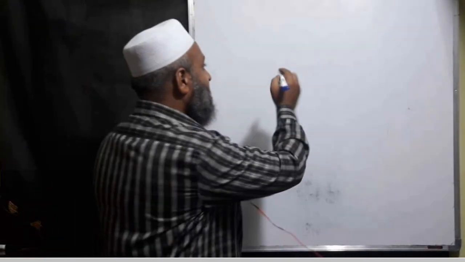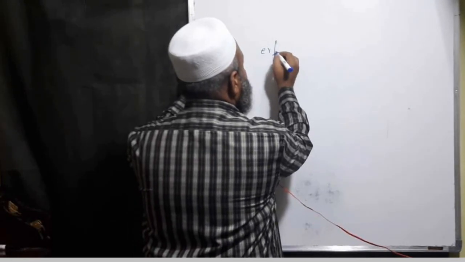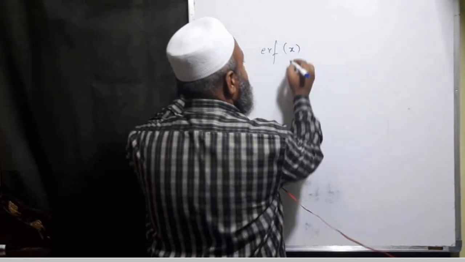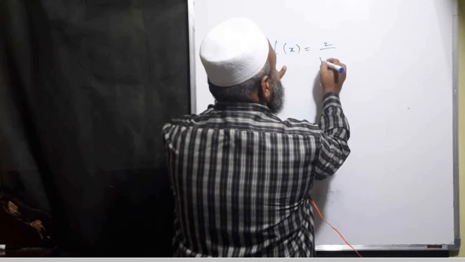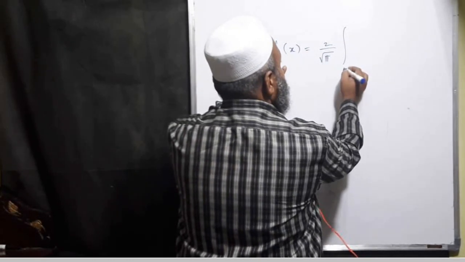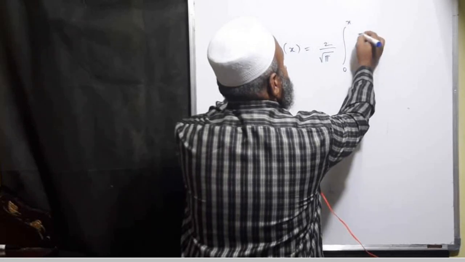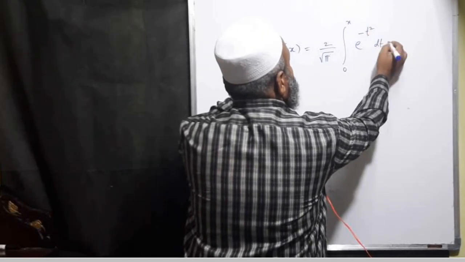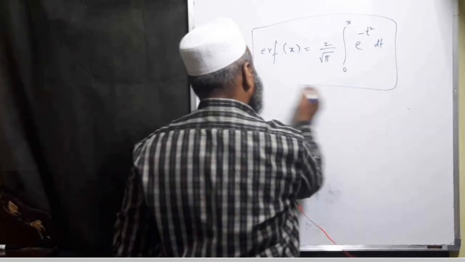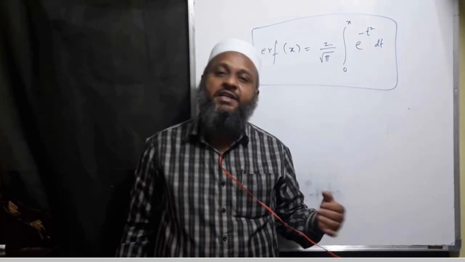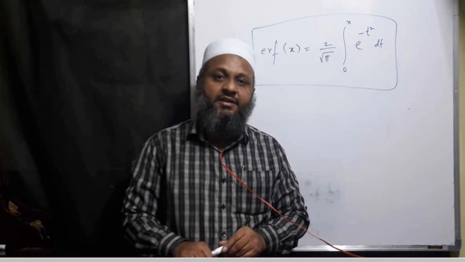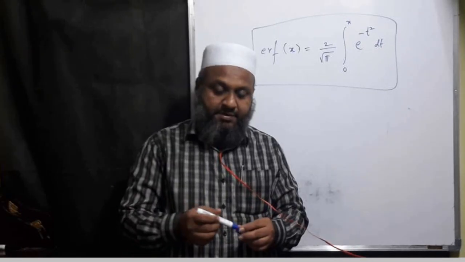Right, now I have shown you, and I hope some of you remember, that the error function at x is defined as 2 by square root of pi, integral 0 to x of e to the power of minus t square dt. I hope at least some people will wonder what is the use of learning this mathematics.